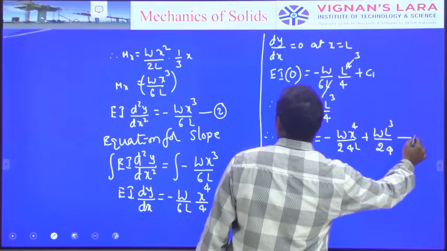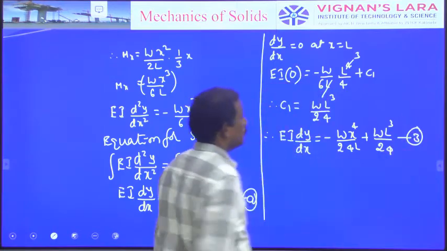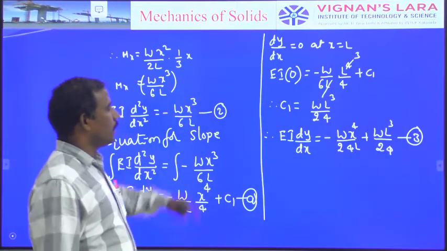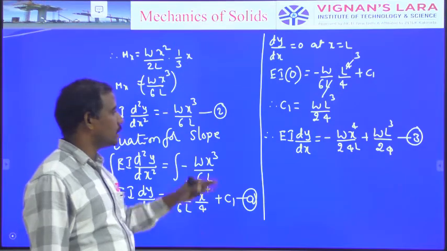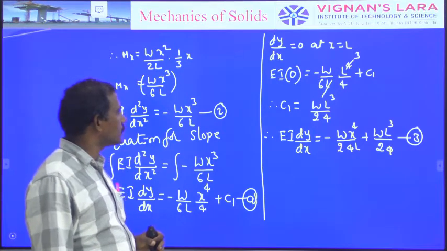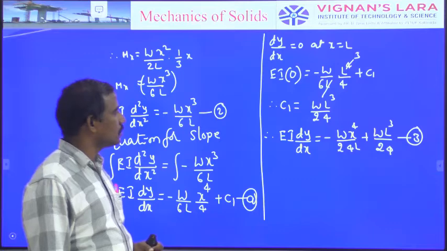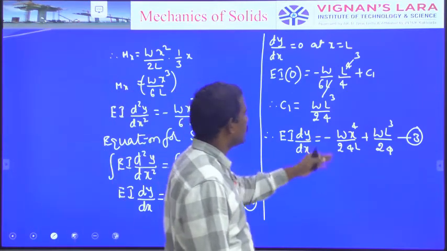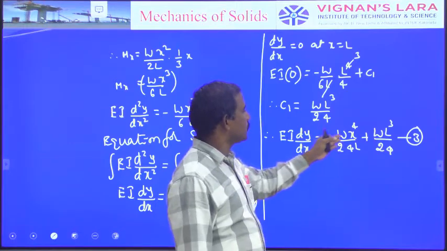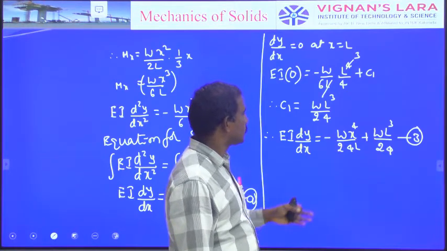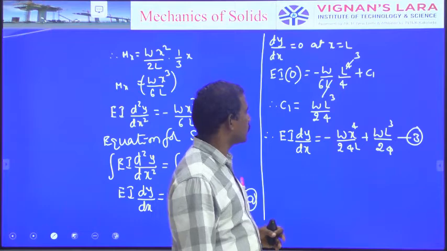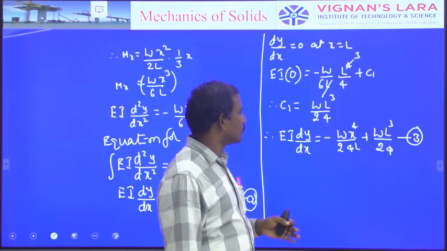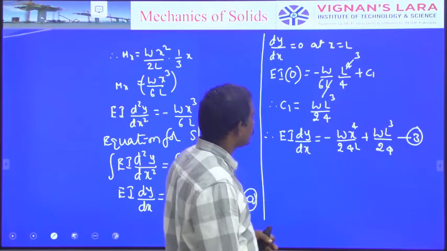Then you can find out the slope at any point, say at x is equal to 0 and at x is equal to L. At x is equal to 0, that becomes simply WL cube by 24. At x is equal to L, we will get 0.